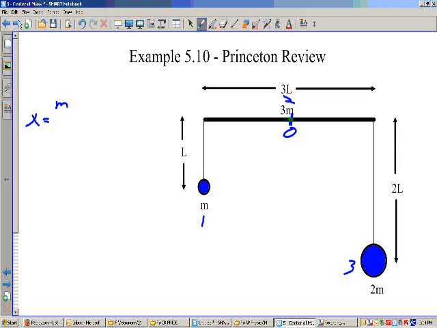It is negative 3L over 2 away from my origin. It's half the distance away, half of 3L. Kind of an awkward way of writing it. My next mass is the bar. It's a mass of 3m. Its location is at the origin, so I'm going to put in a 0 right there.